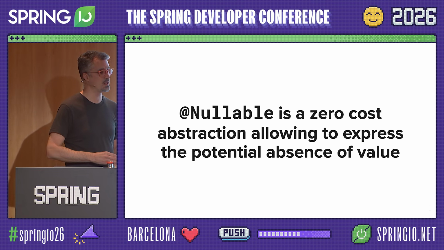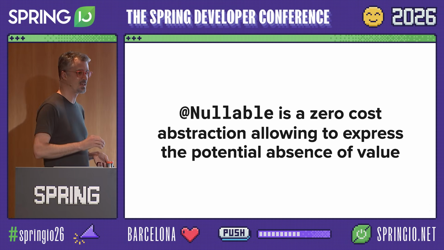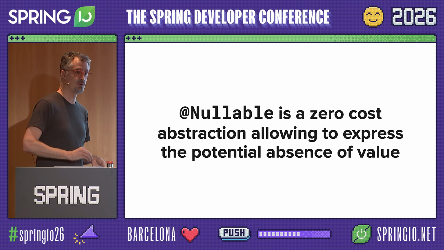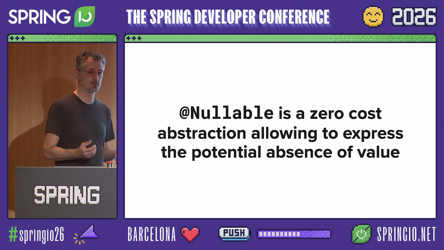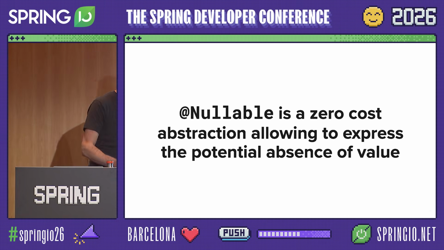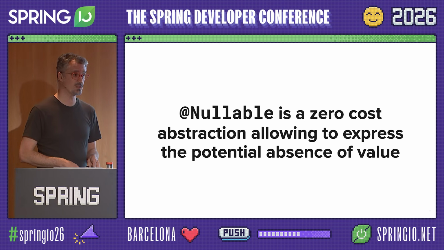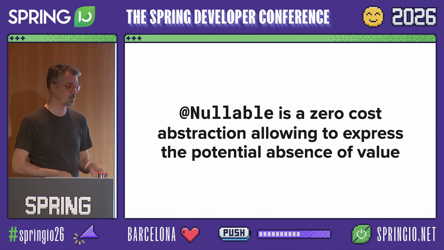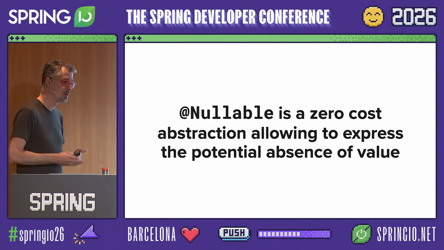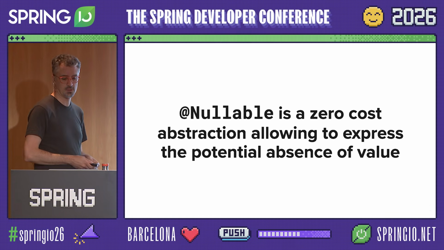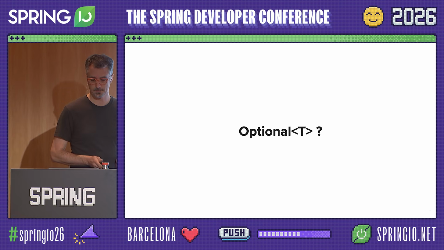For example, on Spring AI, the fact that we have added explicit nullability and made everything explicit about what is mandatory and what is optional has led to a big refactoring of the option management for Spring AI models, and you will see that in Spring AI 2.0. So it's much more than just avoiding null pointer exceptions.